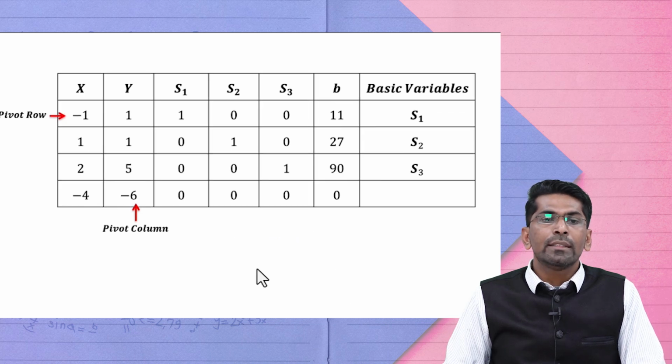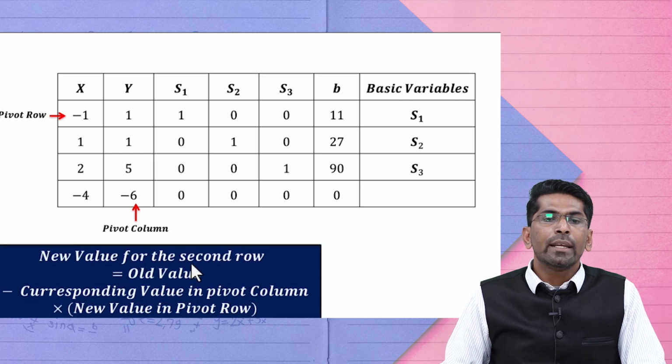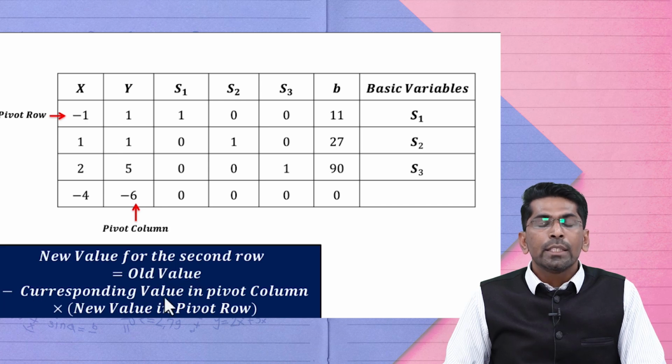Considering the second row, the values 1, 1, 0, 1, 0, 27 we are going to replace. See how we can find the new value: it is equal to the old value minus the corresponding value in the pivot column into the new value in the pivot row.